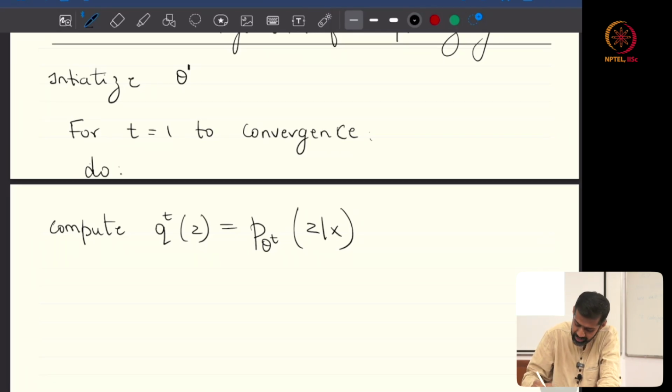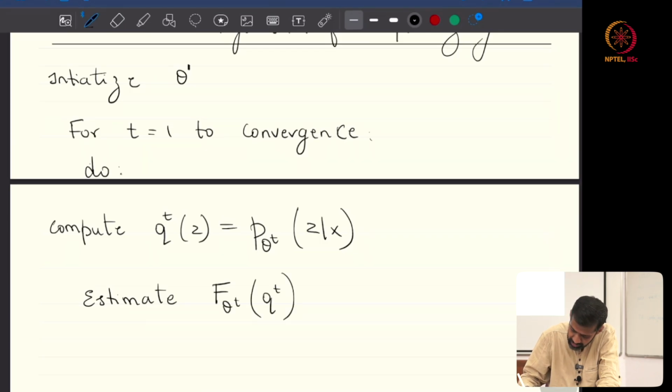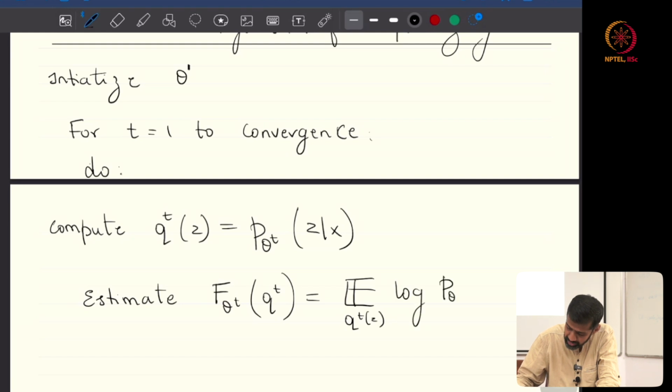Okay, so once you compute this, estimate the lower bound, estimate f theta t of q t to be equal to the expectation, over q t of z, of log of p theta t.